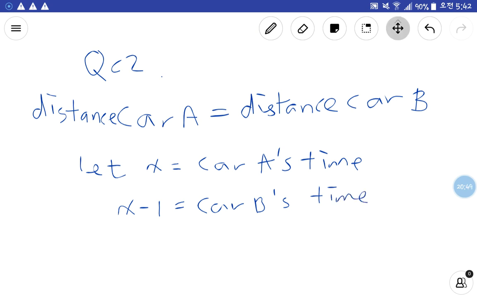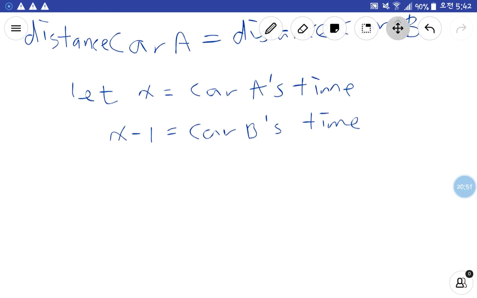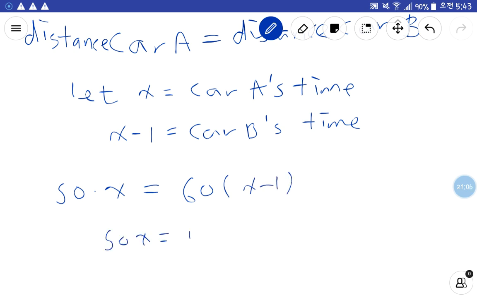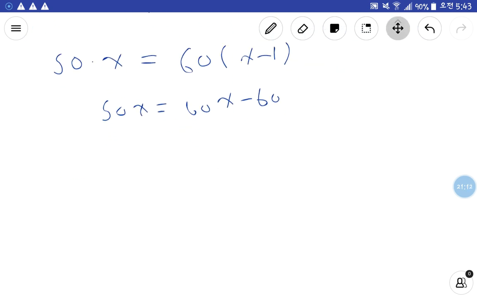And now how do we set up the equation, guys? Distance equals speed times hours. So 50x equals 60 times x minus 1. So 50x equals 60x minus 60 because we apply the distributive property.